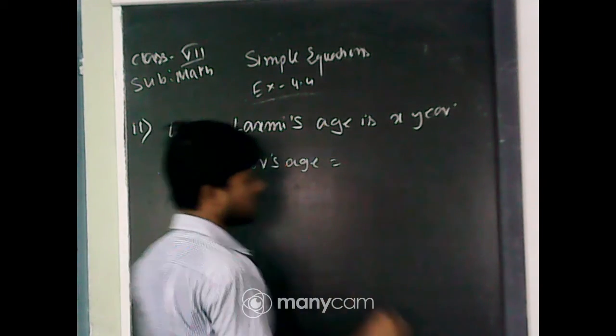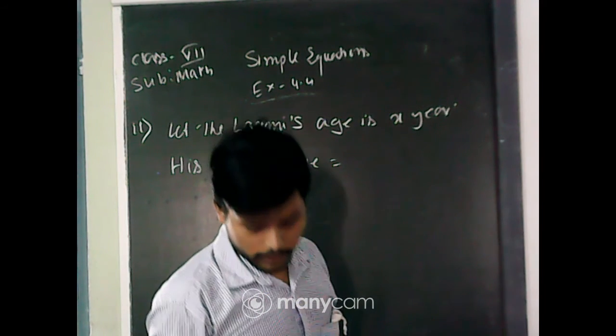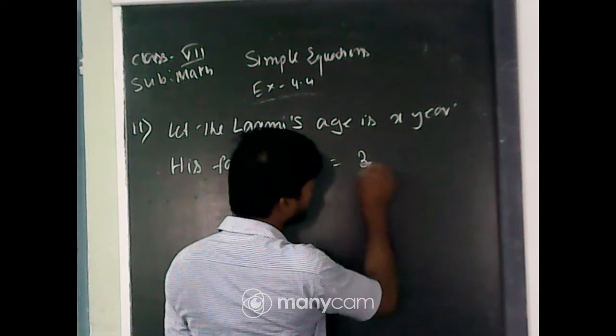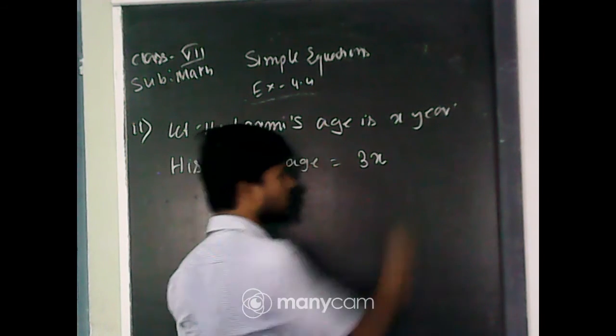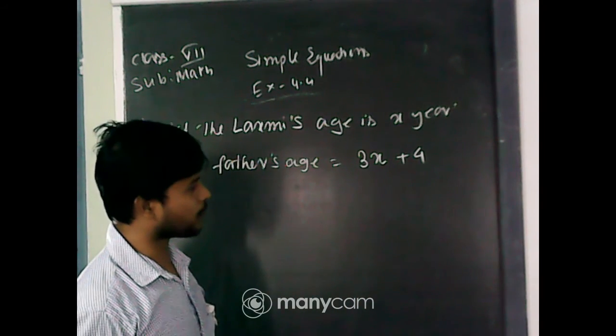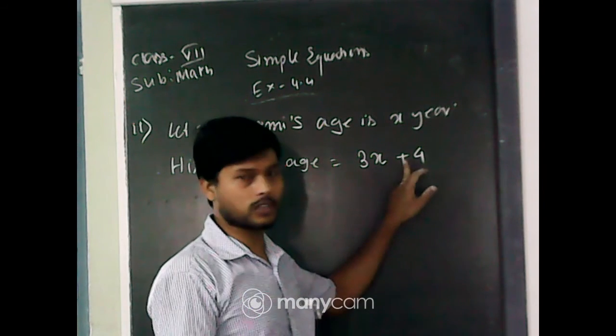So his father's age will be 4 years more than 3 times Lakshmi's age. So 3 times Lakshmi's age, that is 3x, and 4 years more. So 3x plus 4.